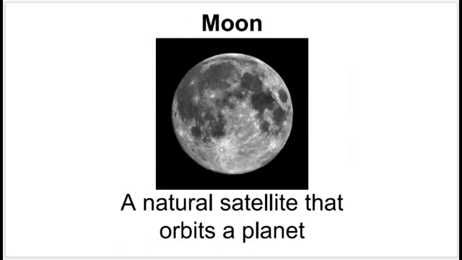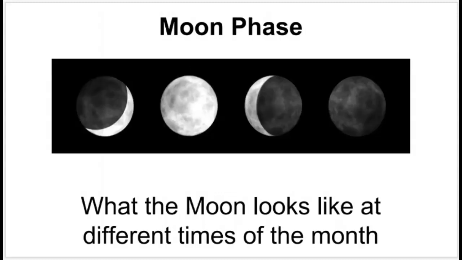Then we have the moon, which is a natural satellite that orbits a planet. And we ourselves have a moon here. Now, other planets also have moons, but some planets, like Jupiter, have many, many moons, whereas we only have one. But that one moon plays into a lot of the things that happen on Earth.